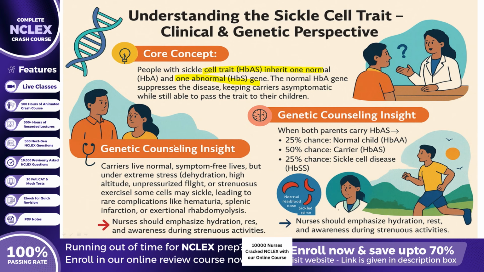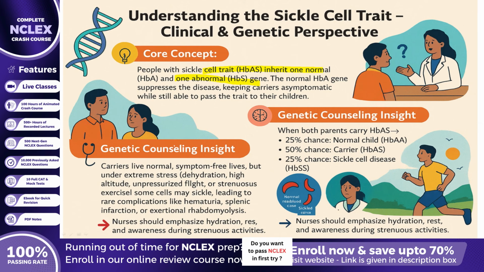However, under extreme physiological stress, such as severe dehydration, high altitude, unpressurized air travel, or intense physical exertion, some red blood cells can temporarily sickle, leading to rare complications like hematuria, splenic infarction, or exertional rhabdomyolysis. This knowledge is particularly important for athletes, military recruits, and aircrew members, where screening, hydration, and rest become key preventive measures.